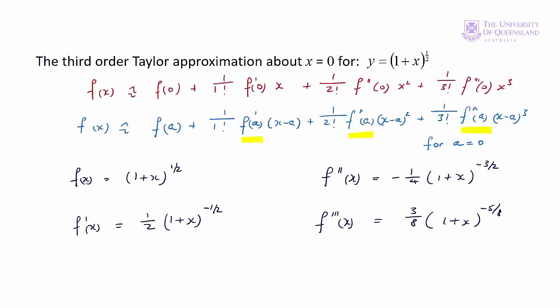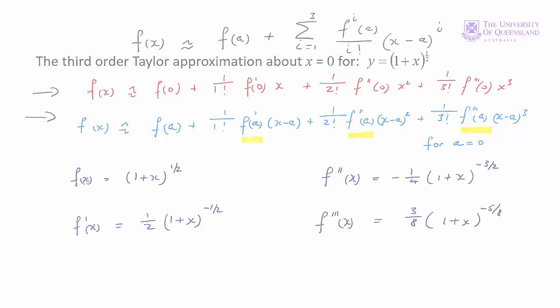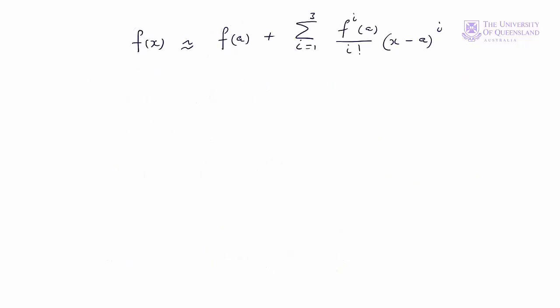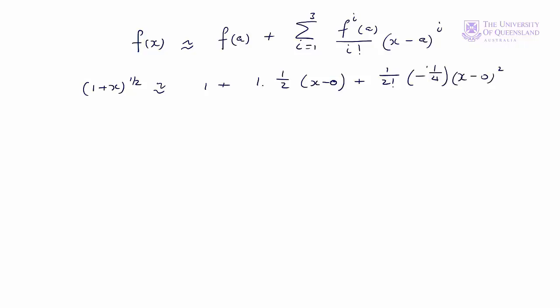We substitute these values into either of these formulas, this one or this one. As I said, I think it's simpler to use the Taylor approximation in all cases, so I'll use that. Here's our approximation in summation notation. (1 plus x) to the half will be approximately equal to 1 plus 1 times 1/2 x minus 0, plus 1 on 2 factorial times minus 1/4 (x minus 0) squared, plus 1 on 3 factorial times 3/8 times (x minus 0) cubed.